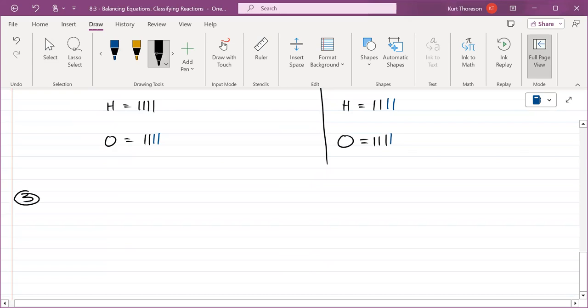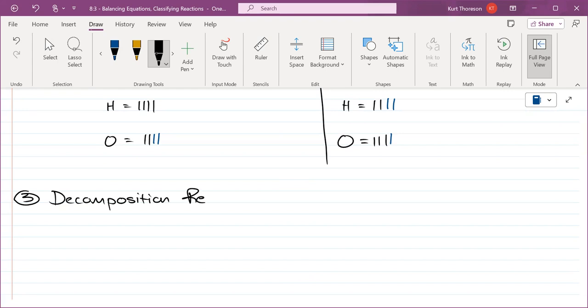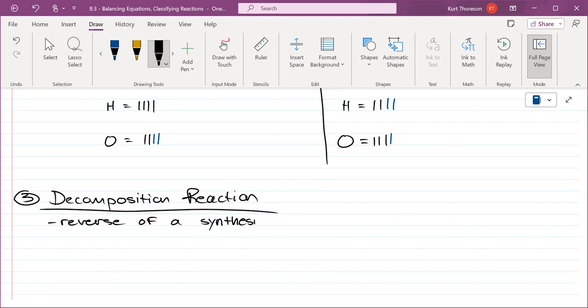Number 3, we're going to have a decomposition reaction. This would be the reverse of a synthesis reaction. We have a single reactant and multiple products.